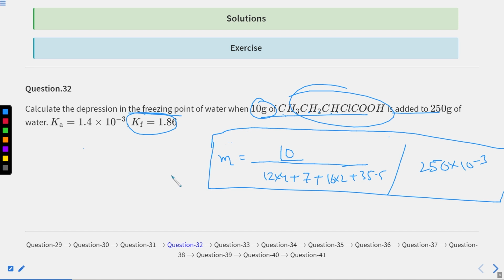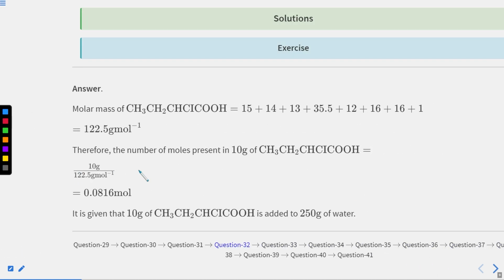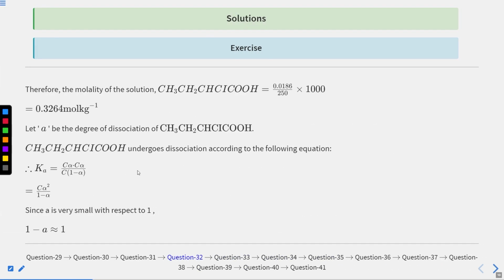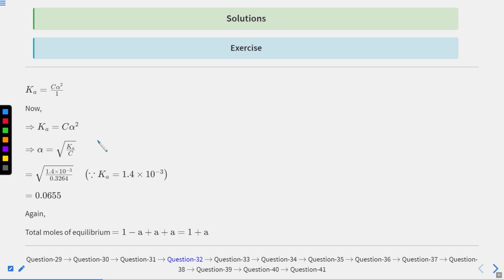Now in this case we have to use this i value. What is the value of i here? This is called the Van't Hoff factor. We have seen this, its formula is this. First we calculated the number of moles, then molality, then we calculated α here.